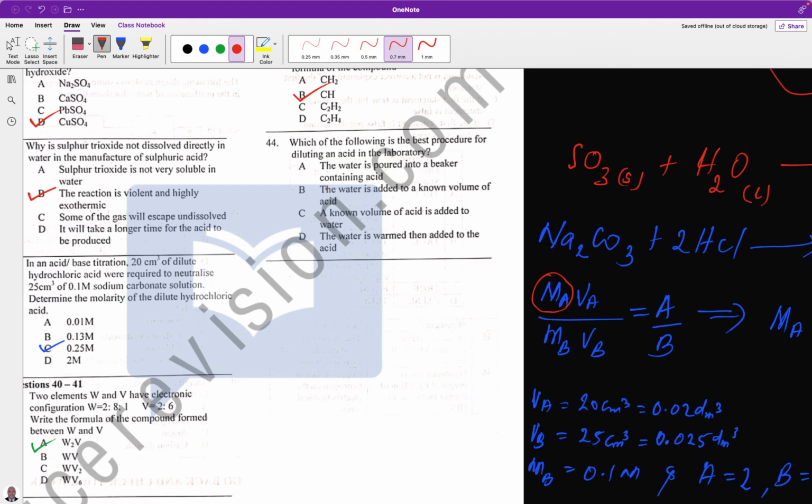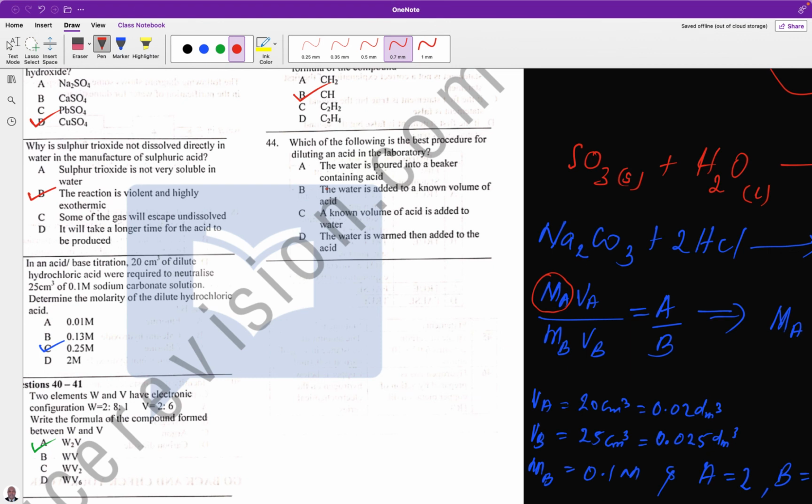Concentrated acid is heavier than water. In order to prepare a dilution in the laboratory, it is not good to pour water on the acid.